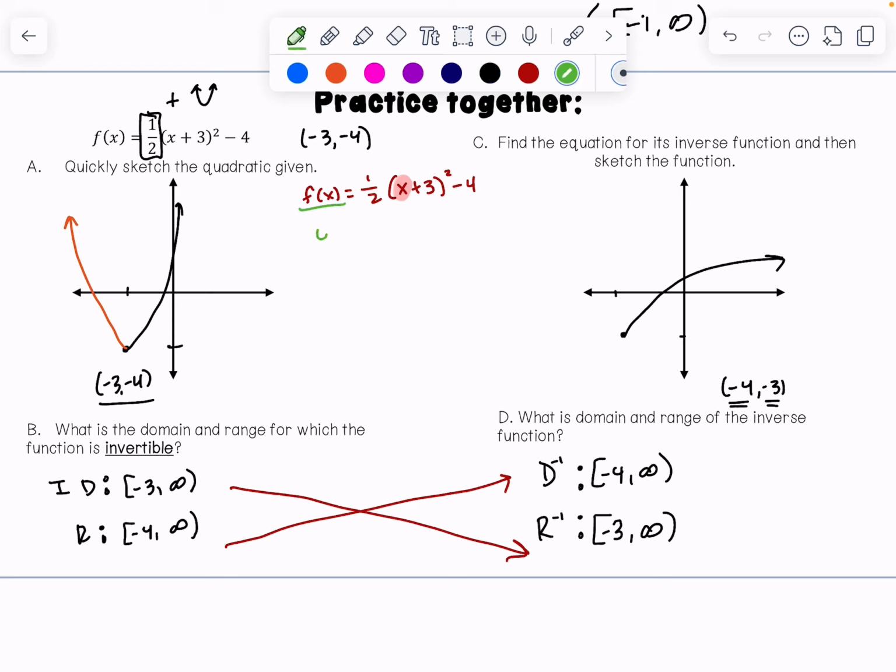That just kind of confuses me, so I'm going to make that a y. And then we can go ahead and isolate. We isolate using SADMEP, which is our opposite order of operations. So I'm going to add the 4 to the other side. Now I'm going to get rid of the 1/2. Dividing by 1/2 is the same thing as multiplying by 2. So I'm going to bring that up to the other side.